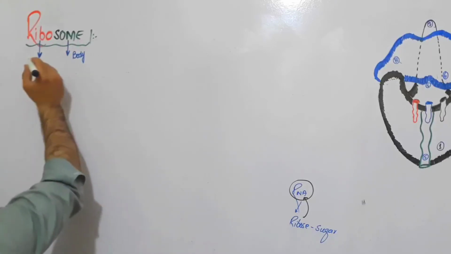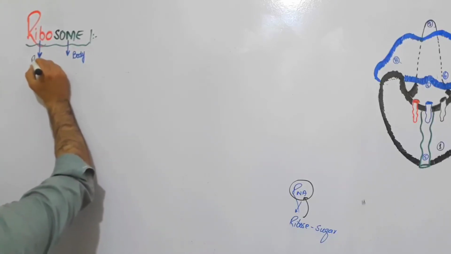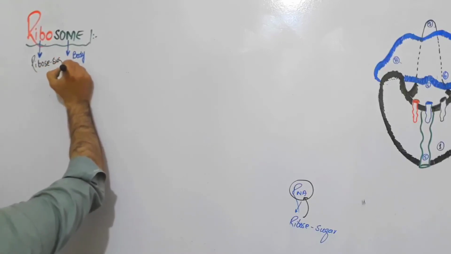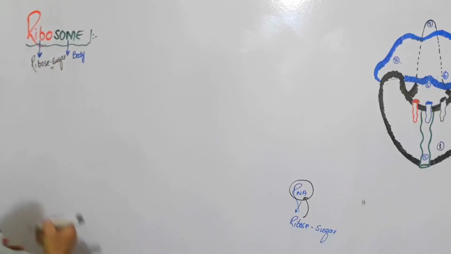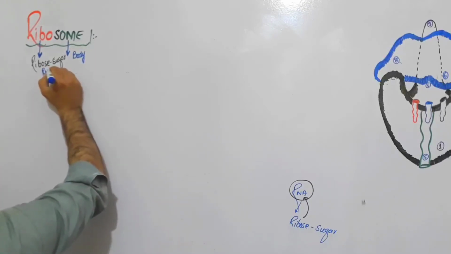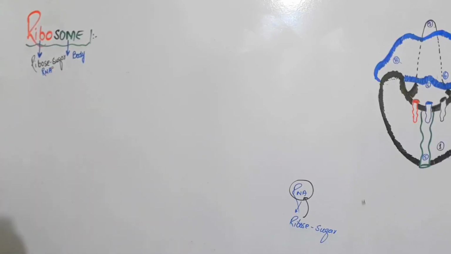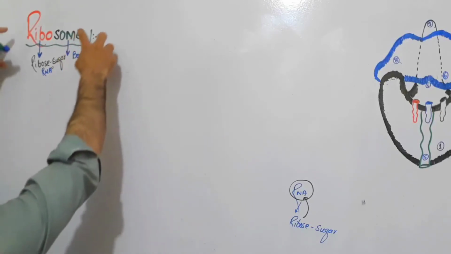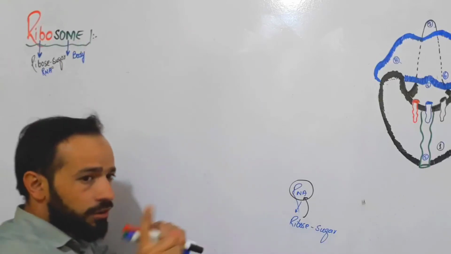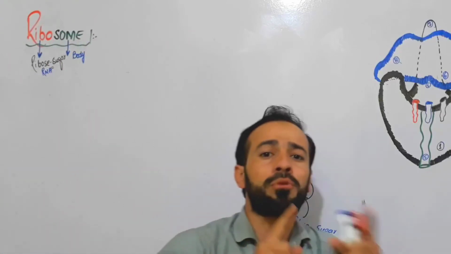So ribo refers to ribose sugar, and you know that ribose sugar is present in RNA, right? So we say that this ribosome is sometimes called ribonucleoproteins.